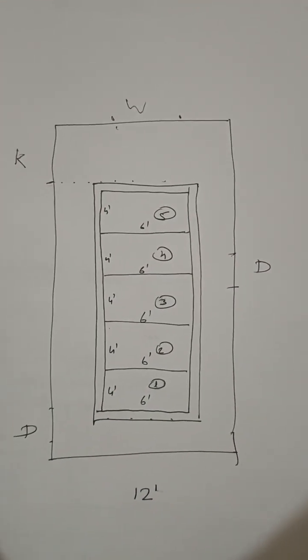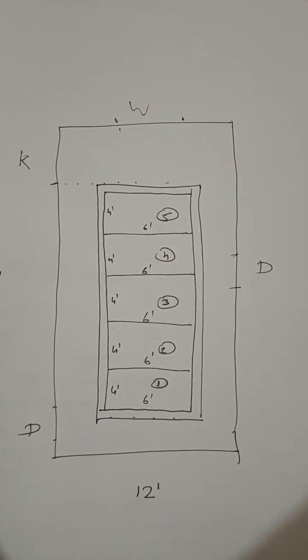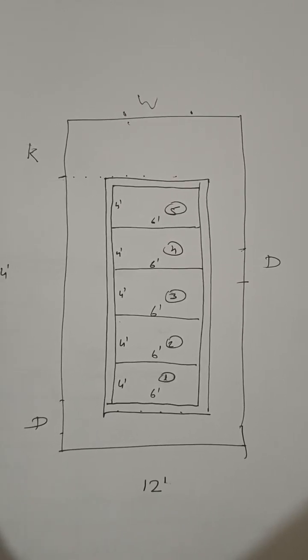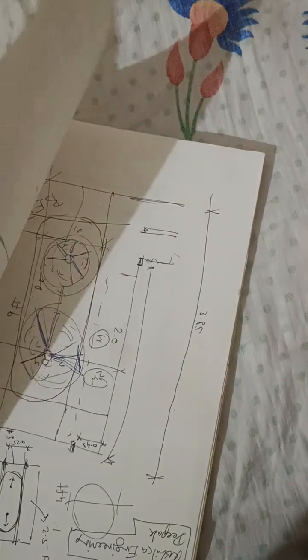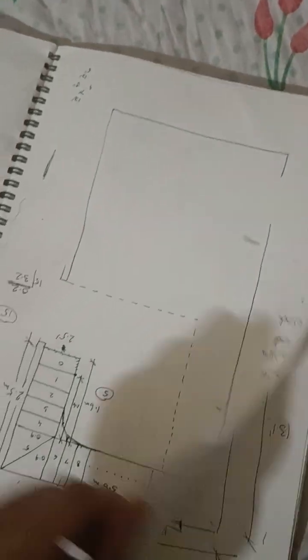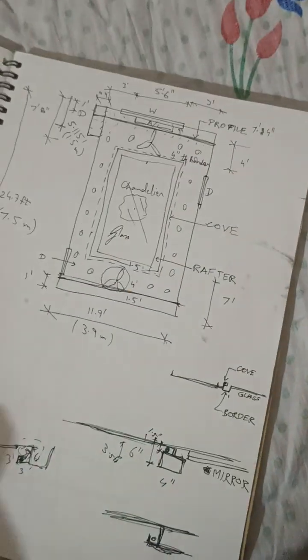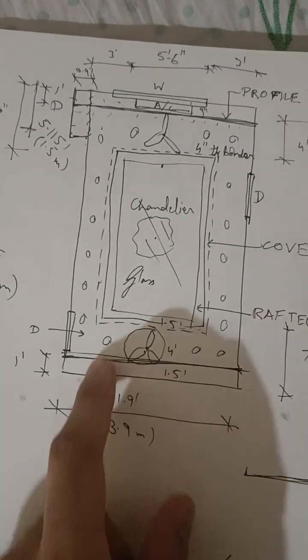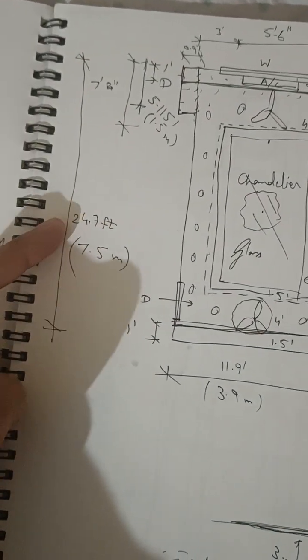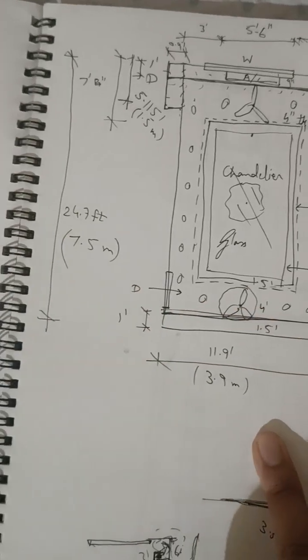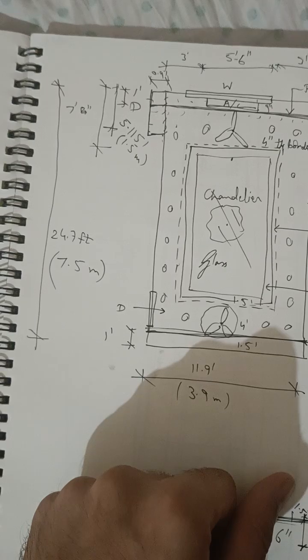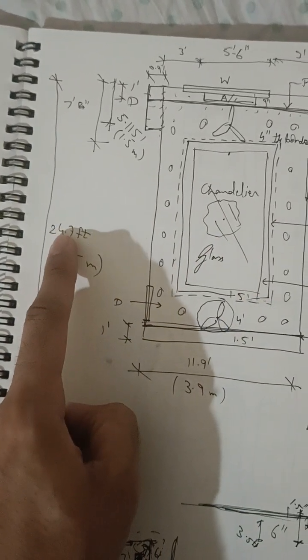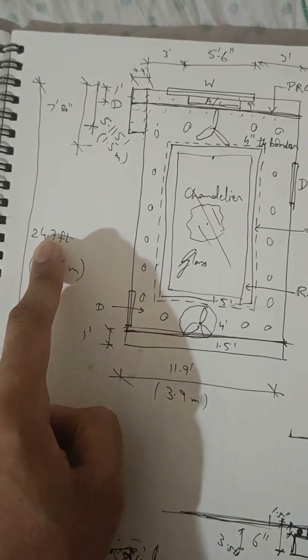In that case, I'll have to just look at the measurements once again. Yeah. So this is 25 feet, this is 12 feet, and we just got 20 feet, so we need 5 feet to accommodate.